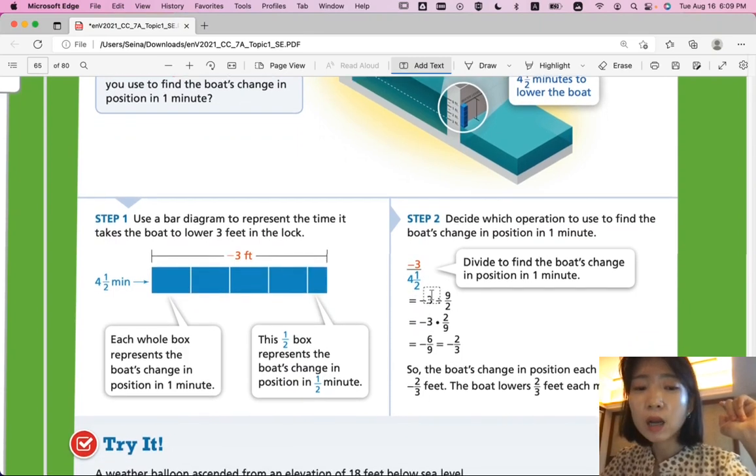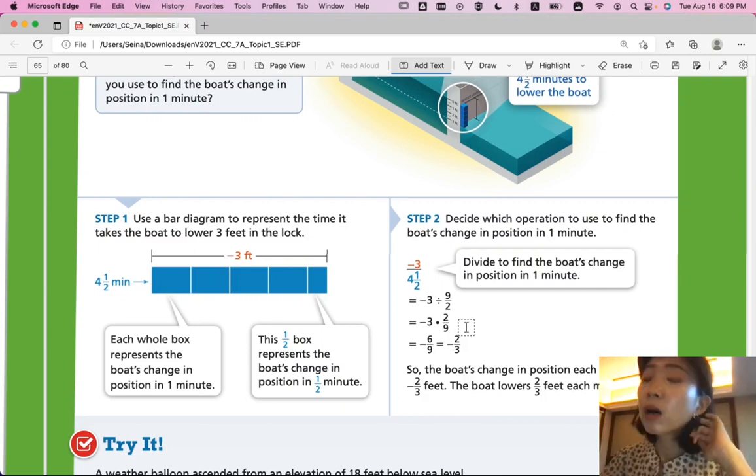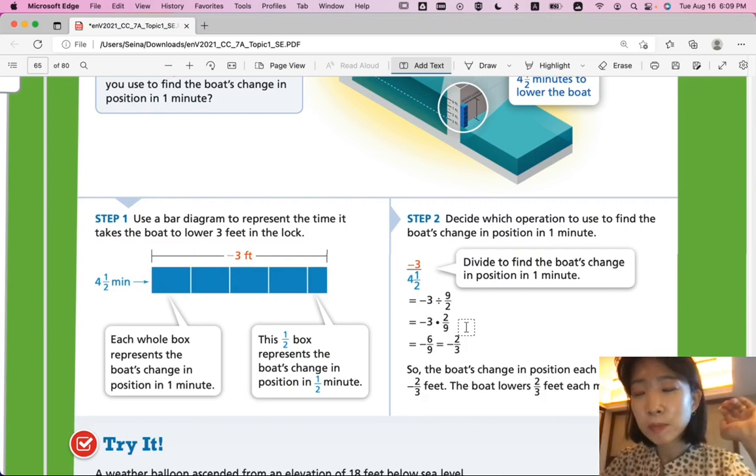And you can figure it out using an equation as well. Negative 3 divided by 4.5 could be written as negative 3 divided by 9 over 2. So change the mixed number into a fraction. And you can rewrite the division equation into a multiplication equation by using the reciprocal. We learned this in Math 6.